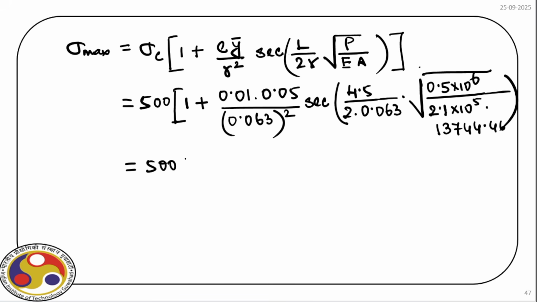So 500 times 1 plus 0.01 times 0.05 divided by 0.063 square. So we have 0.13 times sec within bracket, first one 4.5 divided by 2 divided by 0.063.